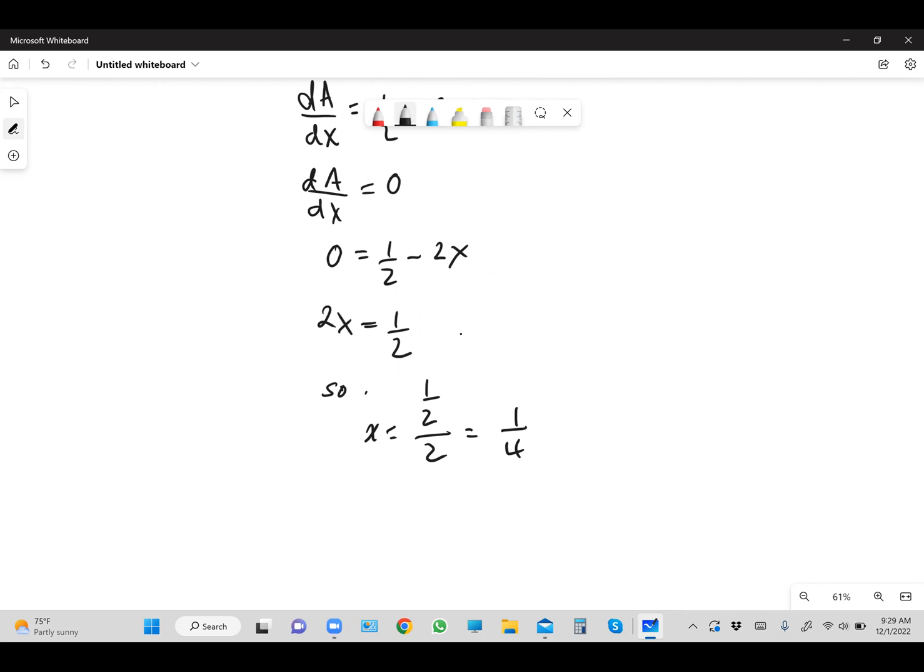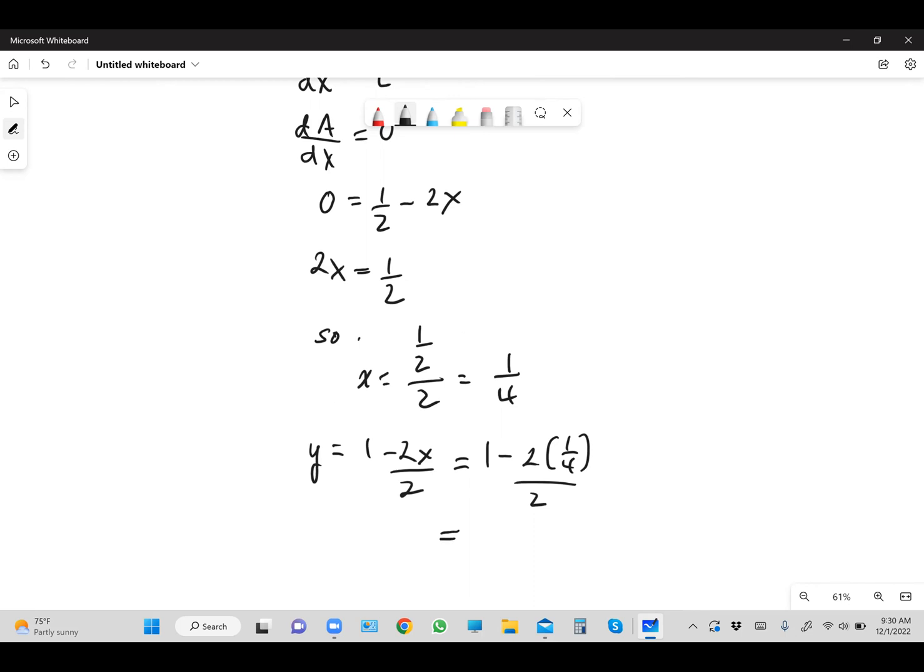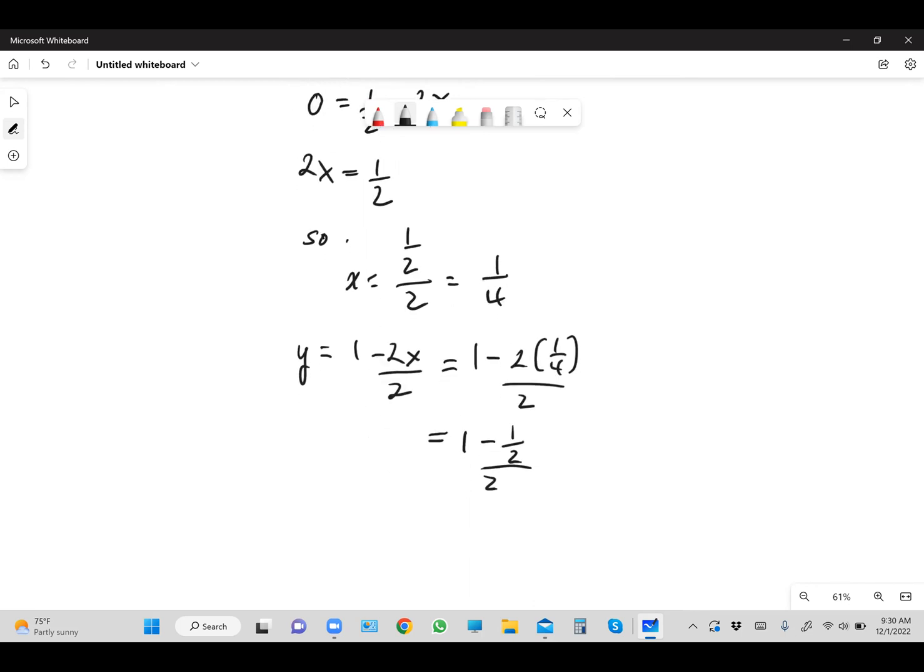Now, if we remember correctly, think about it. Y was equal to (1 minus 2x) divided by 2. So 1 minus 2 times 1/4, divided by 2. So we have 1 minus half, divided by 2. So we have half divided by 2.